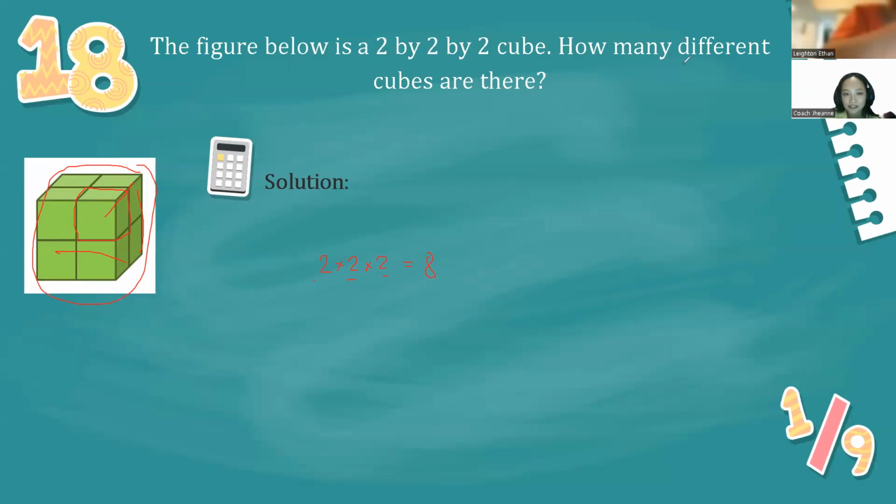It says different cubes, not just the small ones. So the bigger cube is just how many? 1. So 8 small cubes plus 1 big cube is equal to 9. So the correct answer is 9.